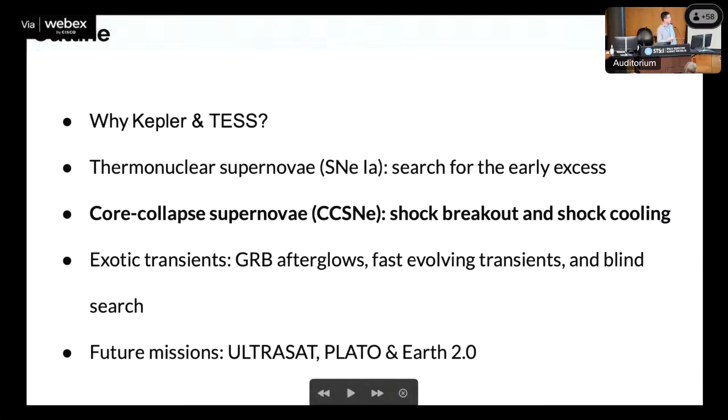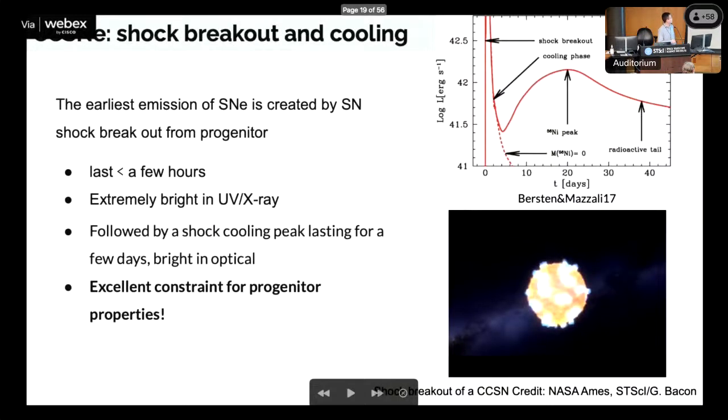As Ali explained, one interesting feature at the early time is the shock breakout and cooling effect.